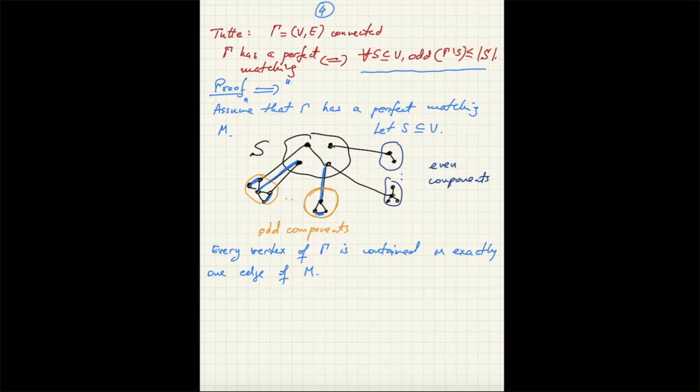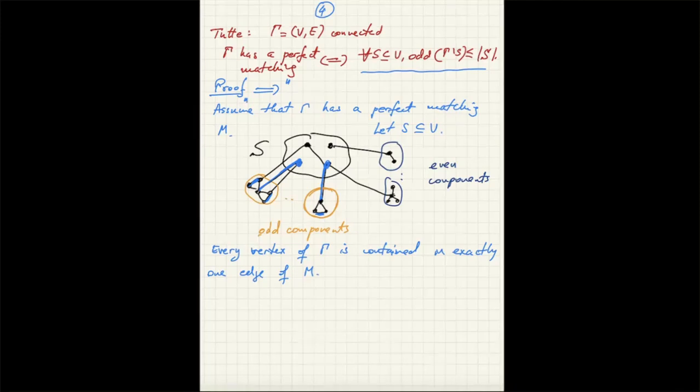And now what you have is that for each odd component, you will have at least one blue edge going across into S. But because the blue edges form a perfect matching, the endpoints on the other side must be distinct.